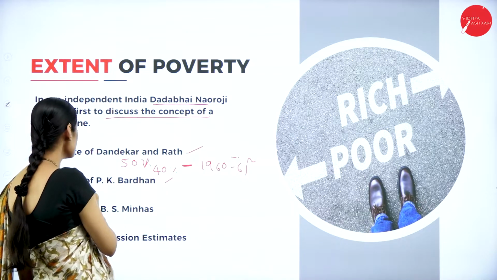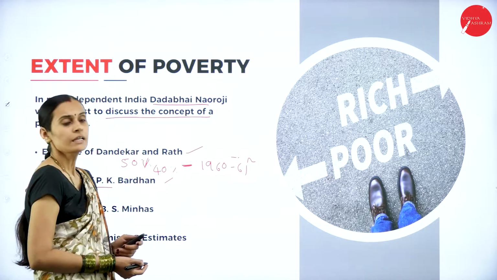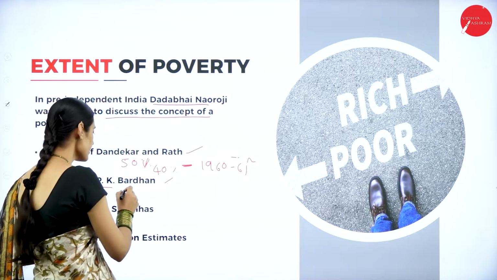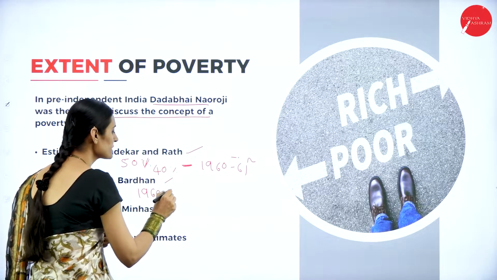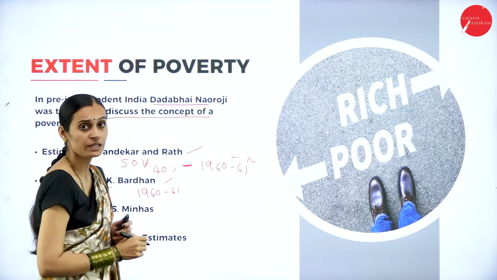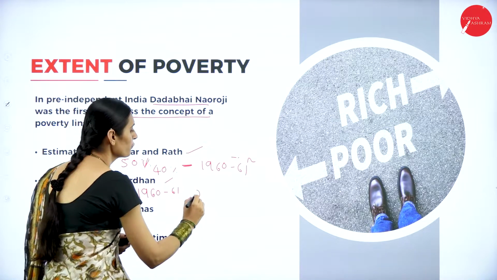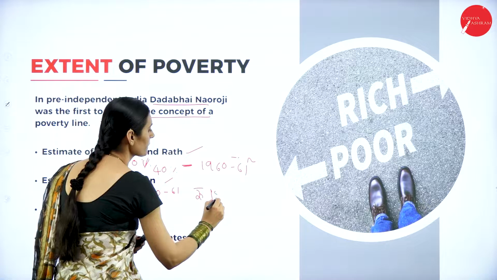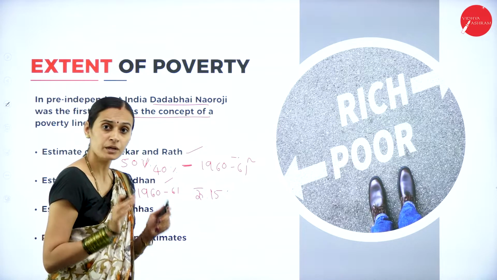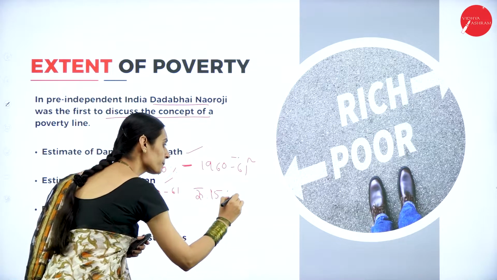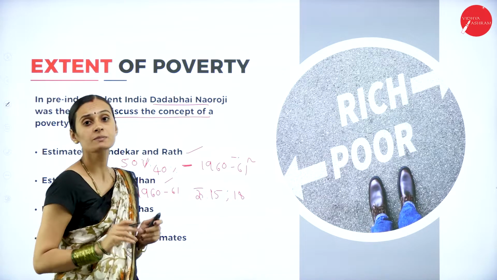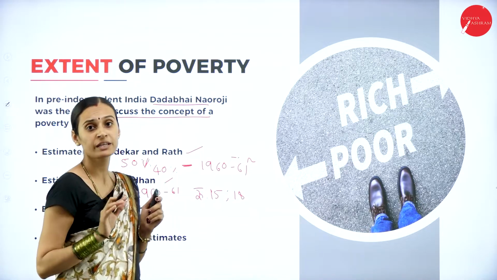The next one is the estimate of P.K. Bardhan. P.K. Bardhan's estimates are also from the period of 1960 to 61, on the basis of consumption expenditure of 15 rupees per person per month in rural areas and 18 rupees per person per month in urban areas.